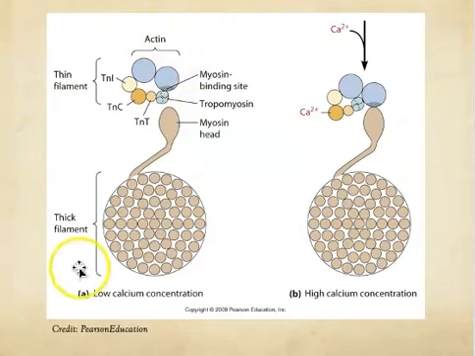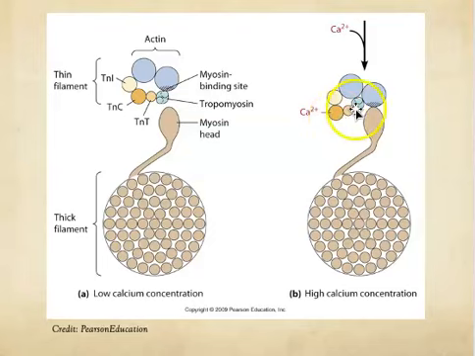So this is what it looks like in a sarcomere, from this strange orientation anyway. This is what it looks like when there is a low concentration of calcium inside the muscle fiber. Now when calcium levels are increased, this happens. We're adding calcium in to the muscle fiber. The calcium is going to bind to the TNC region and cause it to change shape.